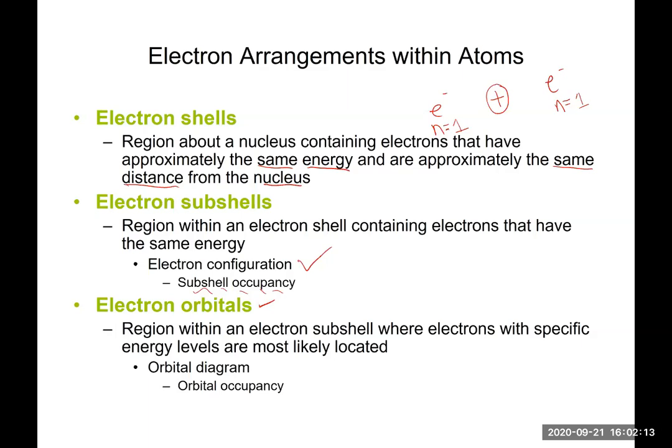We can locate them with some 90% probability, looking at probability distributions of electrons. We can draw orbital diagrams to analyze where those electrons actually reside, and this tells us the orbital occupancy associated with electrons.